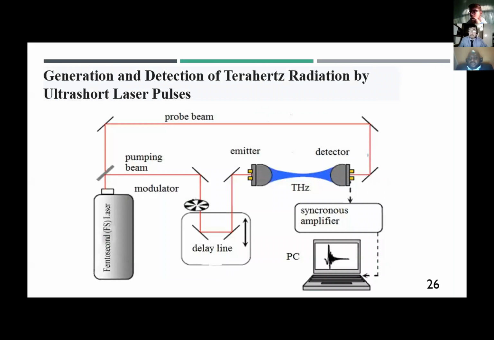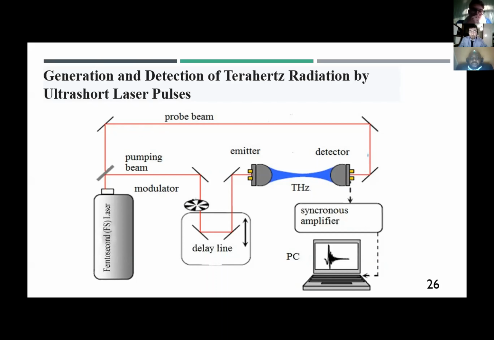The scheme of the experimental device is presented on the slide here. Typical generation and detection of terahertz radiation with ultrashort laser pulses is presented on the slide. In this circuit, the laser beam of a femtosecond laser is divided into two, a pump beam and a probe beam. The more powerful pump beam is used for terahertz pulse generation.